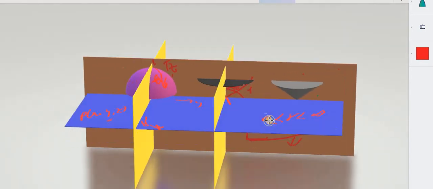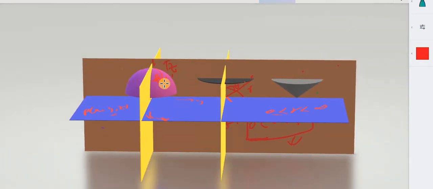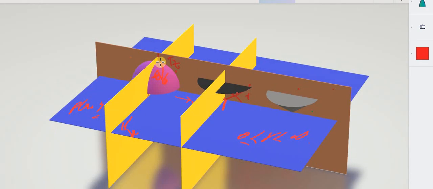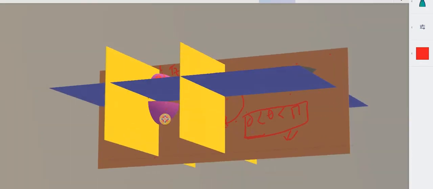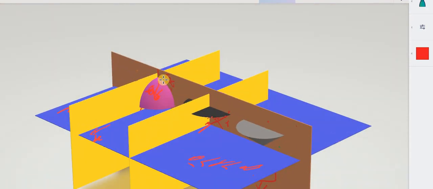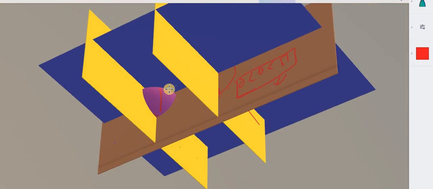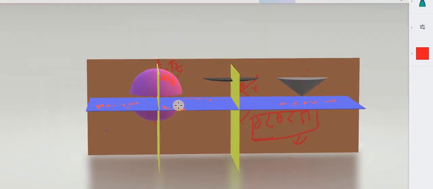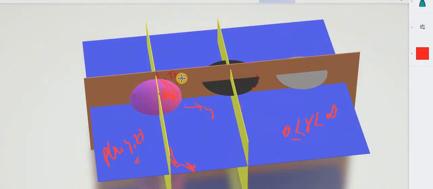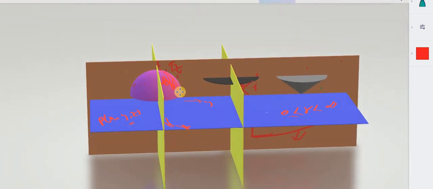Clear? Clockwise means in this way. Suppose we take a point like this, like this, like this. The theta is increasing in this way.